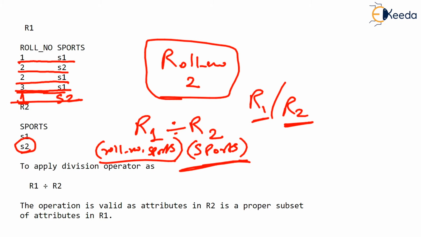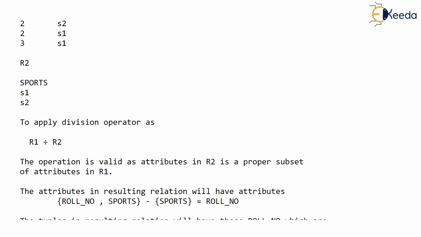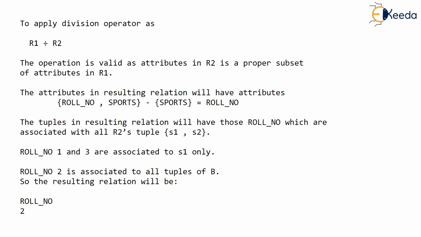In our result, sports won't be shown, only roll number will be shown in R1 divides R2, and you know how this 2 will be shown. All these things I have explained over here. You can pause the video and read how R1 divides R2 has given the result roll number equal to 2.